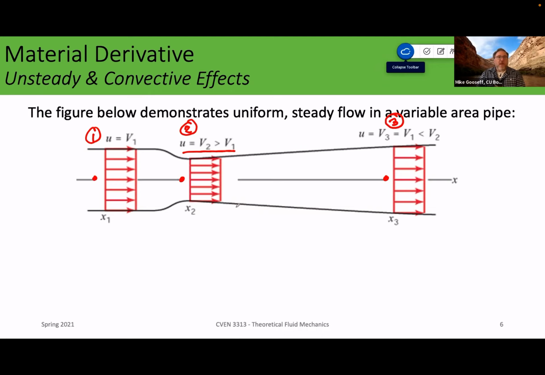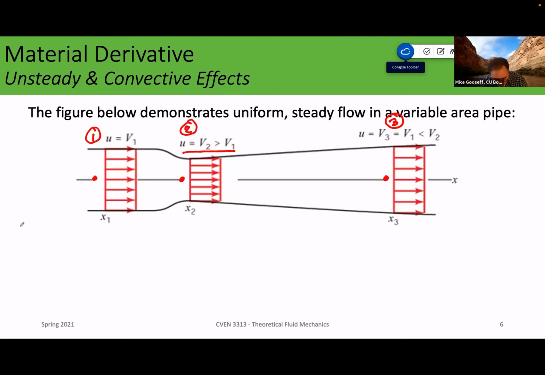Those arrows are certainly more dense. Then as we get to 3, V3 is equal to V1, meaning the cross-sectional area or diameter must be the same as at 1. So D1 equals D3, and both of those are less than the velocity at 2. Okay, that's what we're being told here.